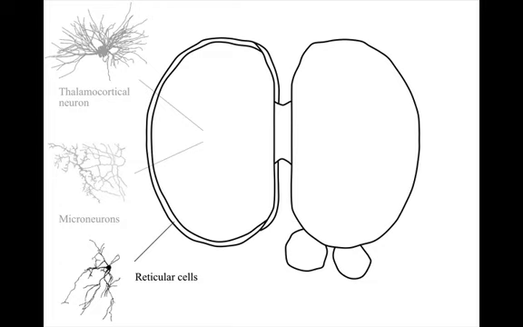I mentioned that the axons between one major nucleus and the cortex all pass through a region of the TRN associated with that nucleus. These axons drop side branches onto the reticular cells, so the cells get their inputs from both the cortex and from the thalamus, and they project back to just the thalamocortical neurons in their associated major nucleus.